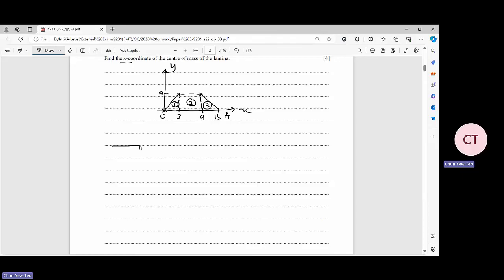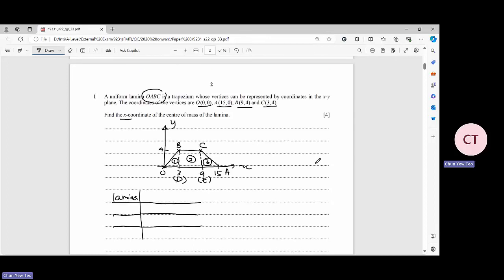So in order to find the center of mass, we will build the table. So we have the lamina. This one is B, this one is C. Maybe I call this one D, and I call this point E. If you take a look at triangle number 1, it will be the triangle OBD. Oops, I think I plotted the points wrongly.